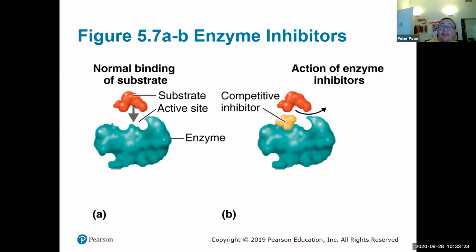A competitive inhibitor competes for the active site with the substrate. Usually they bind at a much tighter level than the substrate does, so the competitor outcompetes the substrate for the active site.